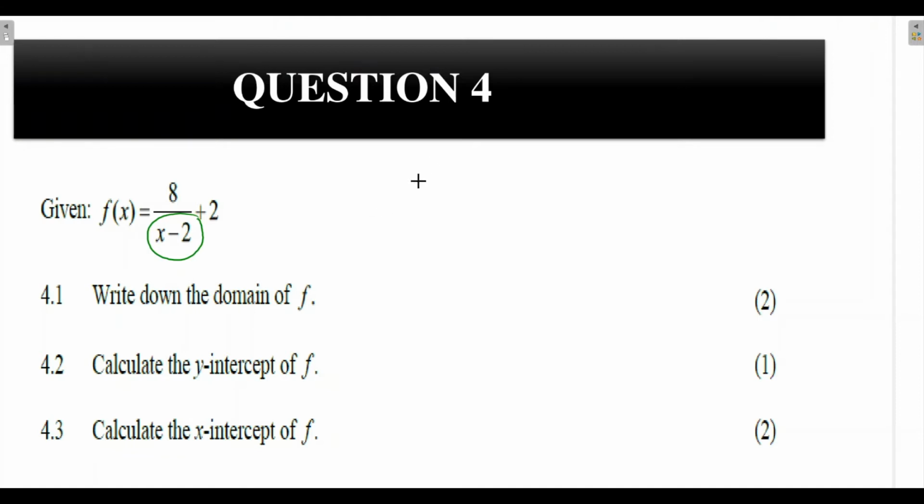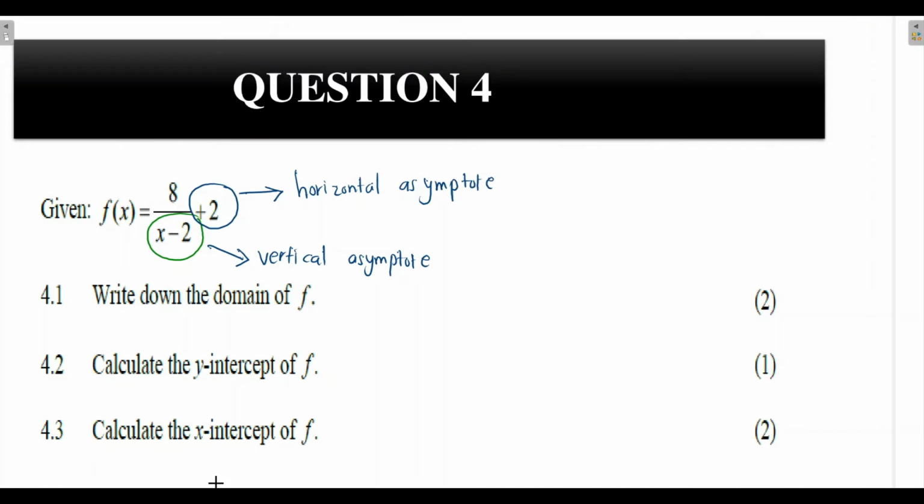So we said that the expression in your denominator, x minus 2, gives us the vertical asymptote. The value of your q gives us your horizontal asymptote.